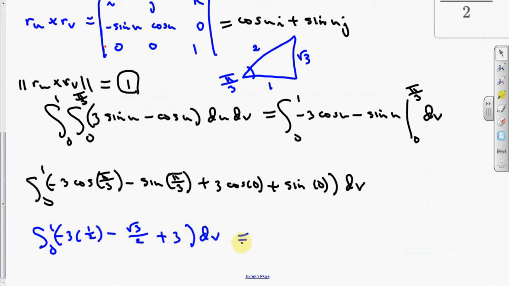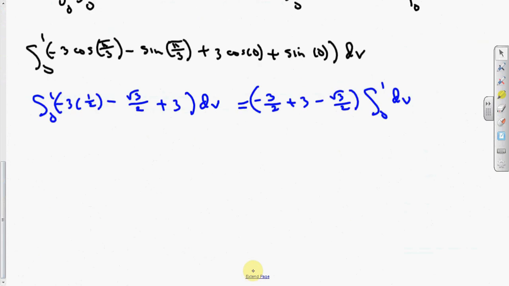times dv. So we can pull all that out in the front, and so this is negative 3/2 plus 3 minus the square root of 3 over 2 times that integral from 0 to 1 dv.